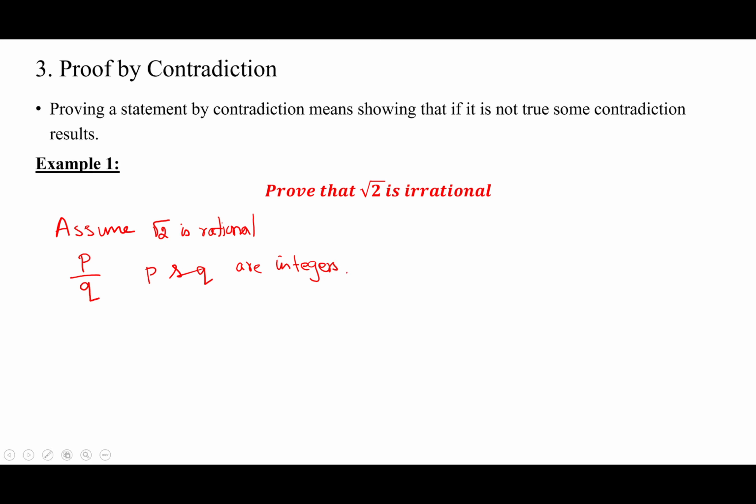So we can write root 2 is equal to m divided by n, where m and n are integers.